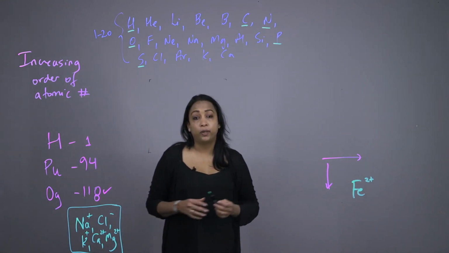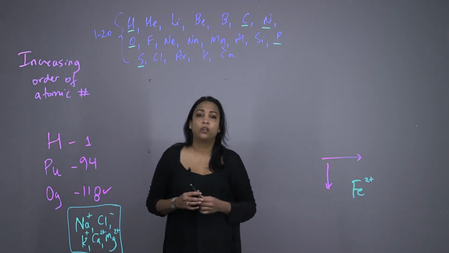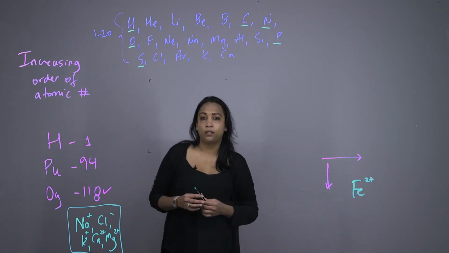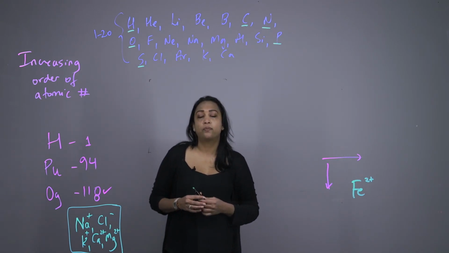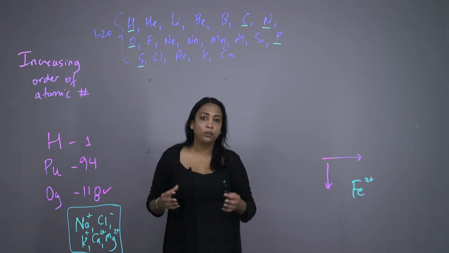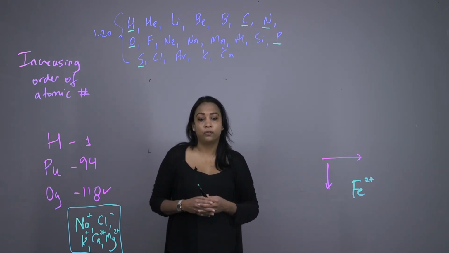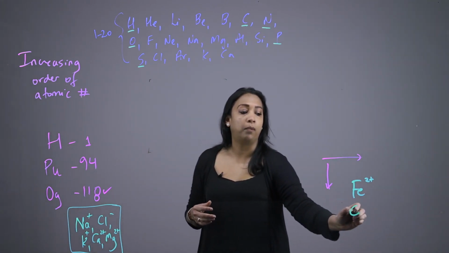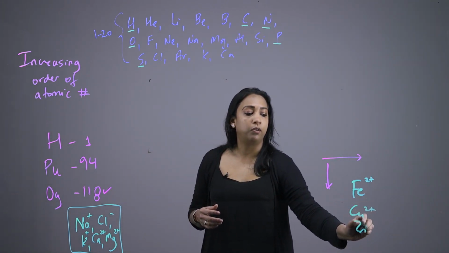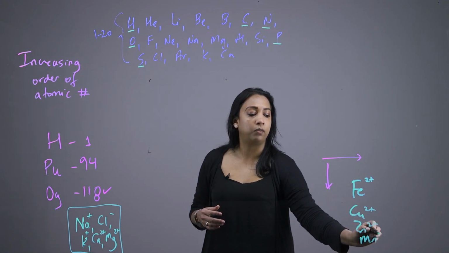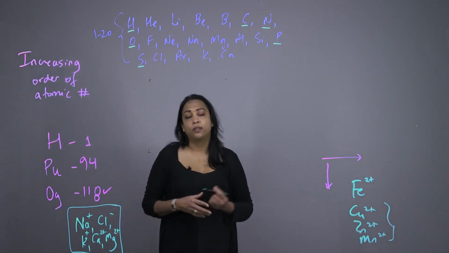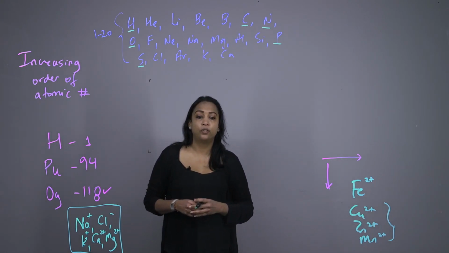Iron, atomic number 26, is a very important component of the pigment in our red blood cells known as hemoglobin, which is responsible for the transport of oxygen to all of our tissues. You may also meet other ions such as copper 2+, zinc 2+, and manganese 2+. So these ions are needed for some enzymes in our bodies to work properly.